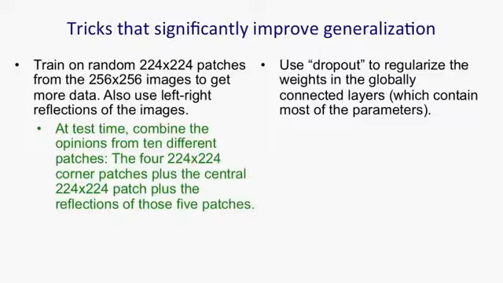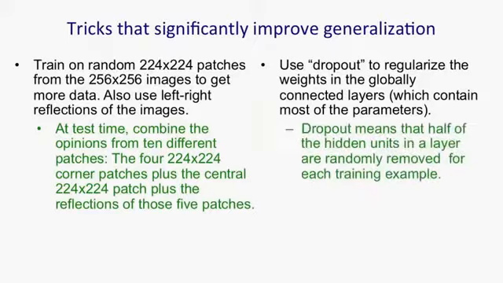I'll describe dropout at some length in a later lecture, but for now the basic idea of dropout is that each time you present a training example, you omit half the hidden units from a layer. This means that the other hidden units in that layer, the survivors, can't rely on their comrades being present. They can't learn to fix up the errors left over by the other hidden units in that layer, because the other hidden units might not be there and they might be fixing up an error that doesn't exist.